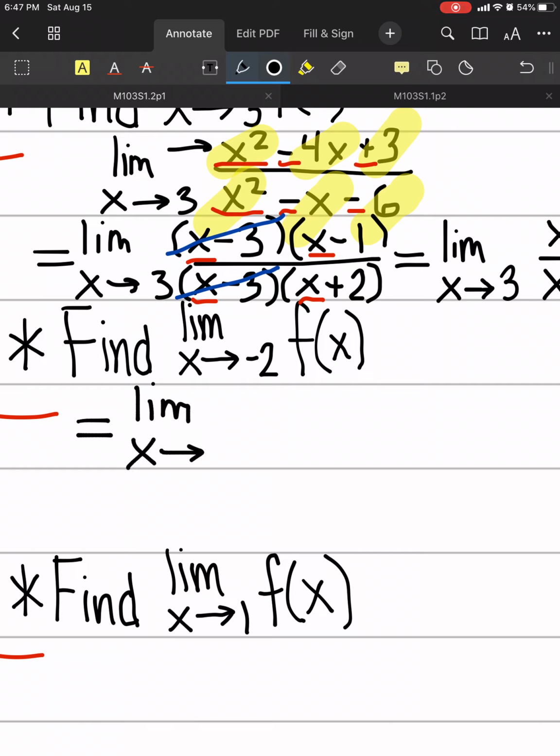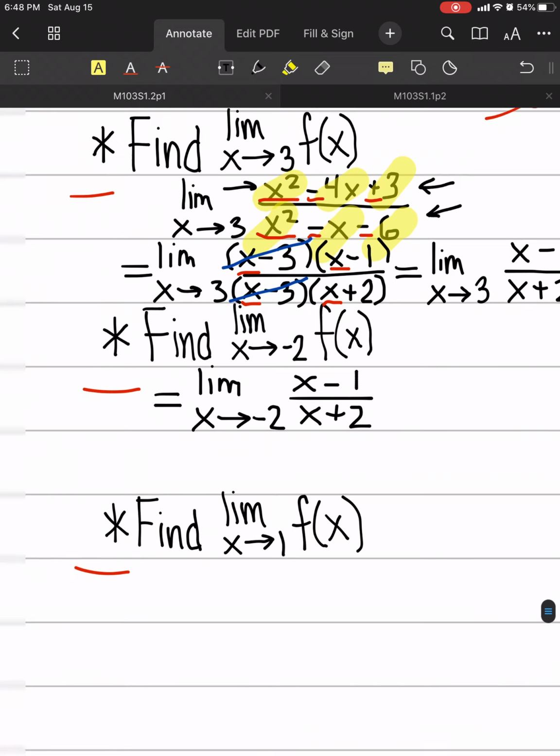But one thing I do want to notice here is when you're doing these, if you have this kind of rational function, so one polynomial on top, one polynomial on bottom, we call that a rational function. You can always cancel these out in limits. So I could just go through and do this like that again. Oh, I made a mistake there. That shouldn't be 3. That was a minus 2.